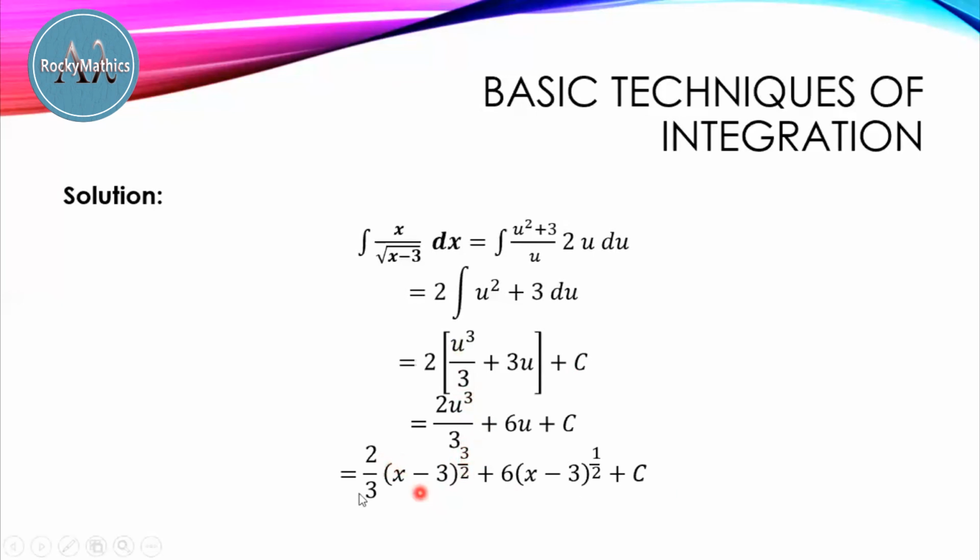So our answer is 2 over 3 times the quantity x minus 3 raised to 3 over 2, plus 6 times the quantity x minus 3 raised to 1 half, plus c. So that is our indefinite integral of this problem.